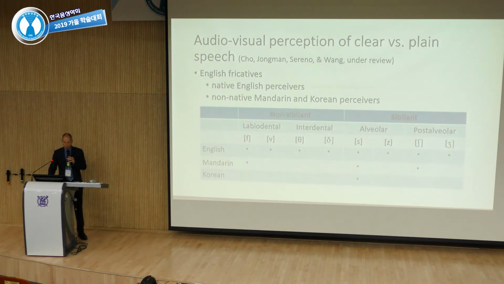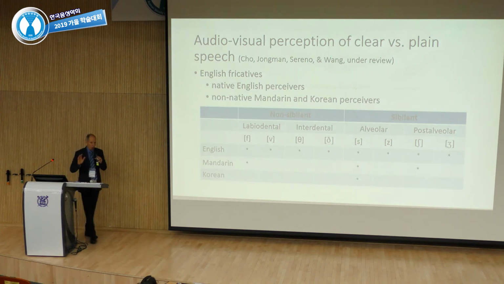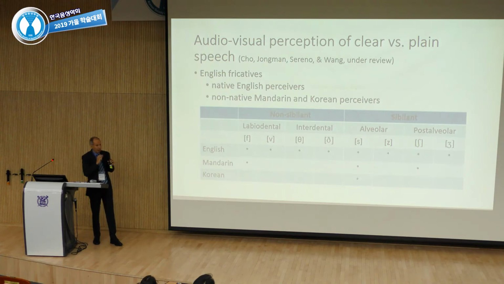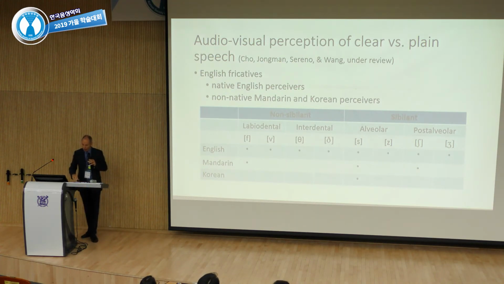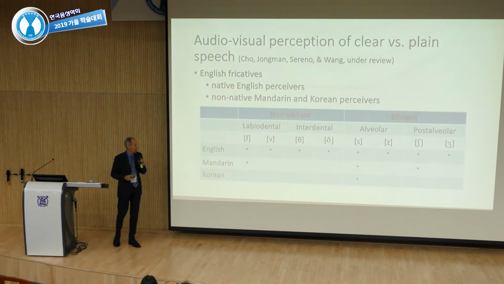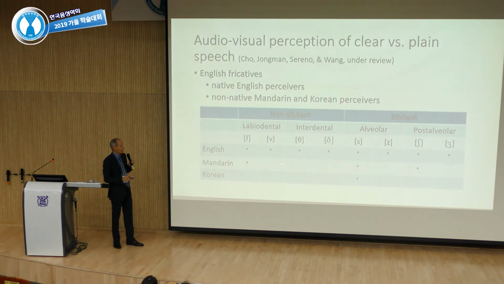So when you look at the fricative inventories, by now I'm sure you know exactly what the English fricative inventory looks like. We have all these 8 fricatives that you see there on the top row. But then the first thing to notice is that neither Mandarin nor Korean has any voiced fricatives, only voiceless fricatives. Mandarin has one non-sibilant fricative, f, right here, and then both s and sh.